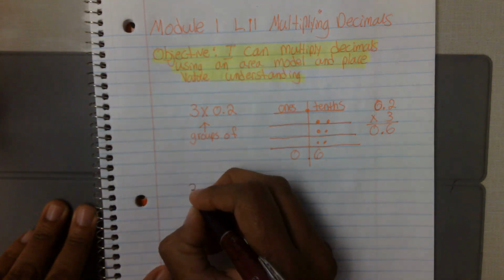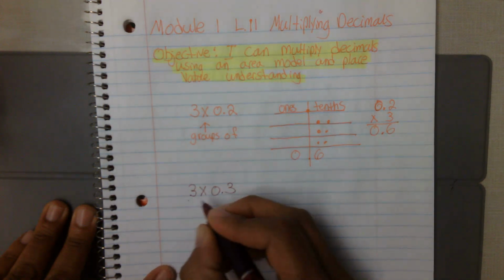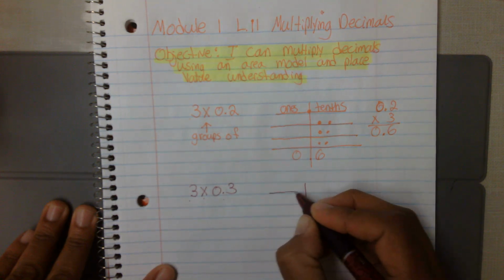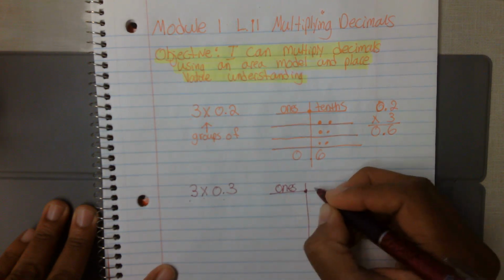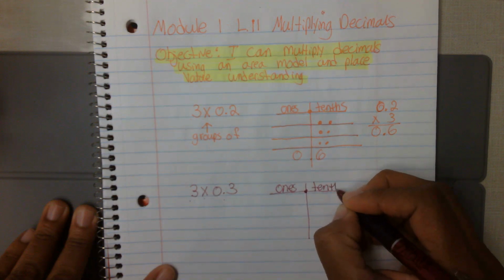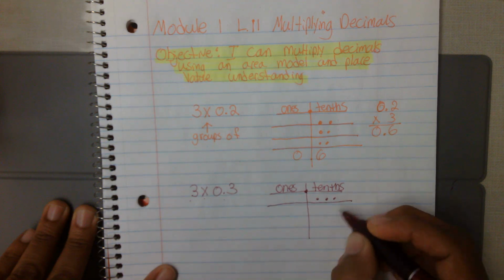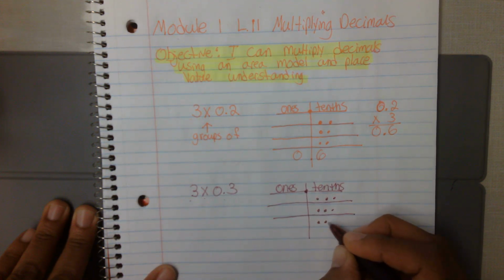Let's try 3 times 3/10, or 3 groups of 3/10. So I'm going to draw my place value chart again. I'm going to draw ones, my decimal. I have tenths. Okay, so 1, 2, 3. There's one group. 1, 2, 3. There's 2 groups. 1, 2, 3.